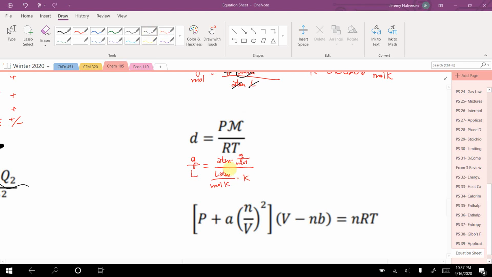So as we cancel, atmospheres cancels atmospheres, Kelvin cancels Kelvin, and moles cancels moles, and I'm left with grams over liters, which is a density. So that's the density of my gas.